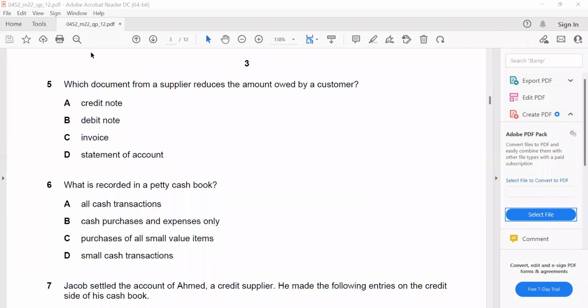Okay, question number 5. Which document from a supplier reduces the amount owed by a customer? Reduce amount. So only one document records the goods return, which is the credit note. A debit note is issued when there is an undercharge by the supplier, or if there are goods returned, which the customer sent.